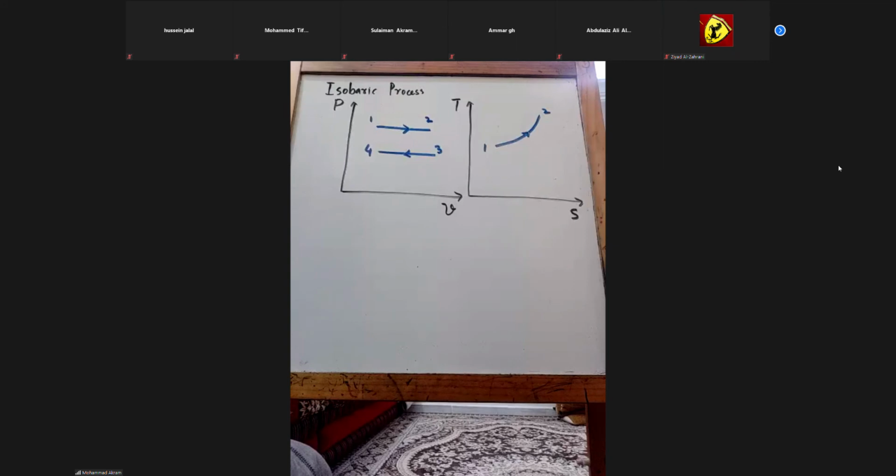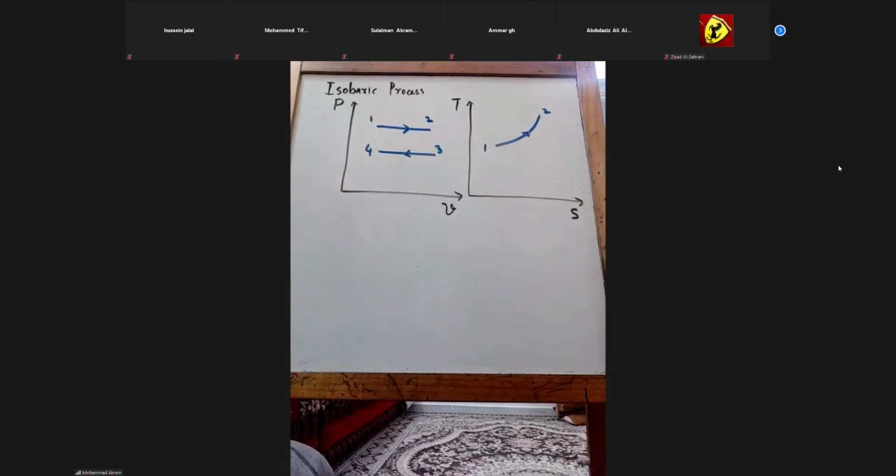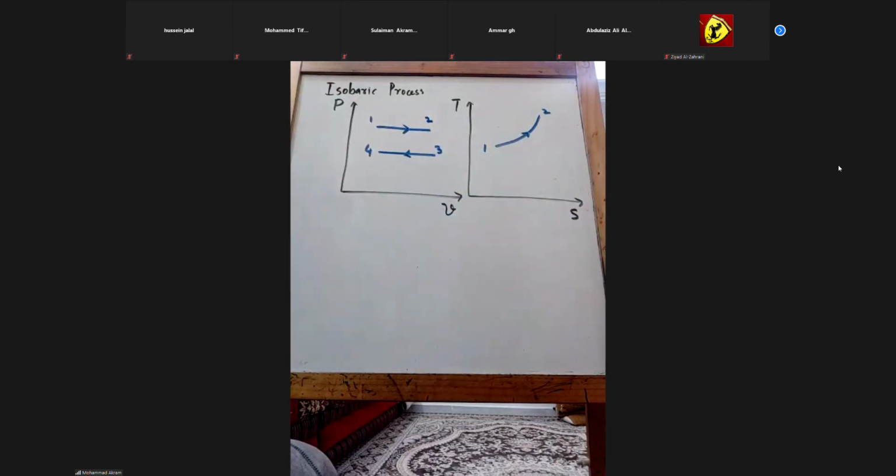Are you getting my point? Straight line means it is horizontal or vertical. A straight line on PV diagram is a curve on the TS diagram. A straight line on TS diagram is a curve on PV diagram. Is that clear? Yes, doctor.